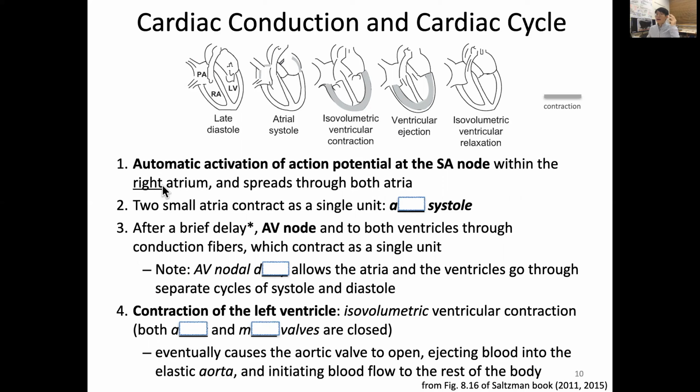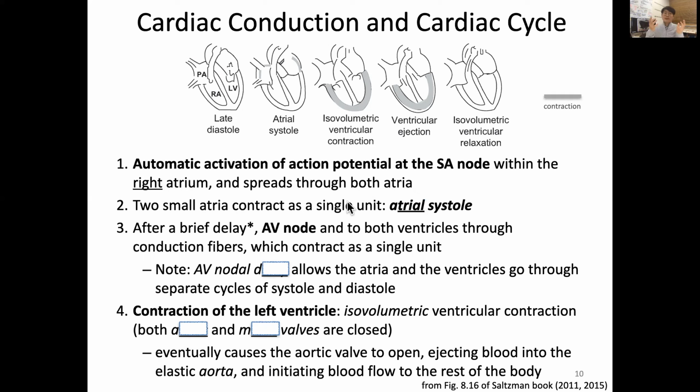That's where the sinoatrial node exists. And that spreads through both atria first, because the atria have to contract first before filling the ventricle, and for the ventricle to contract. So two small atria contract as a single unit, which we call atrial systole.